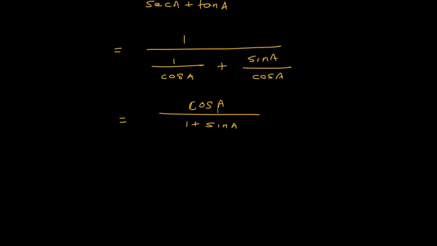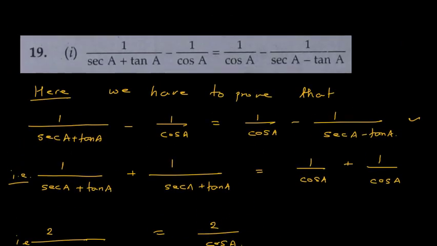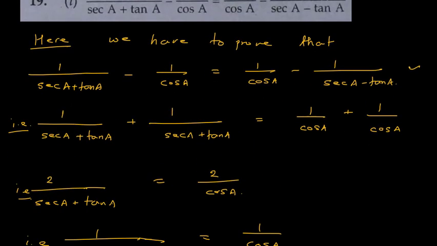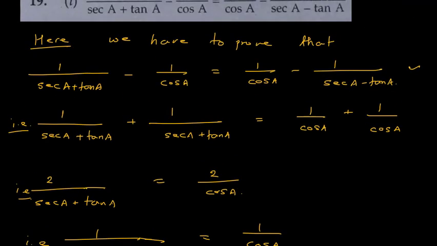So to get 1 upon cos a, but I think one mistake we have done. It is not sec a plus tan a. See here it is sec a minus tan a. So here it is not plus sign, it is minus sign.